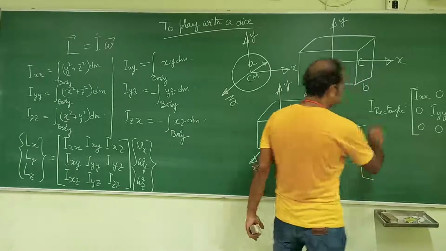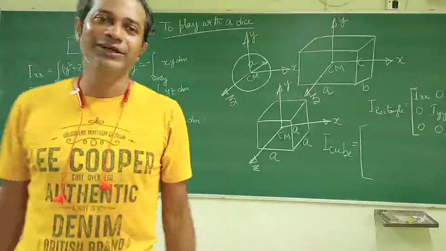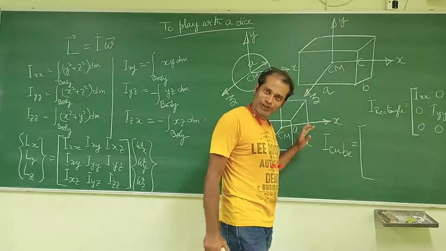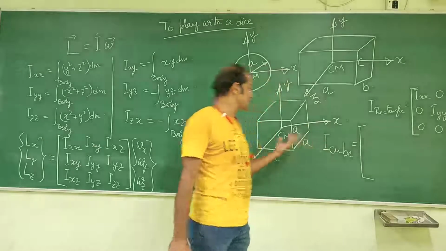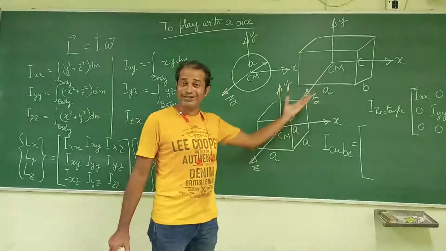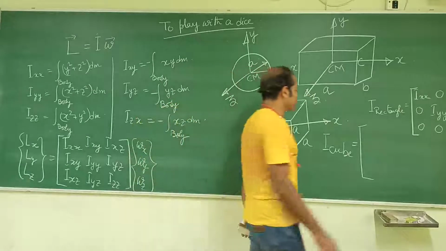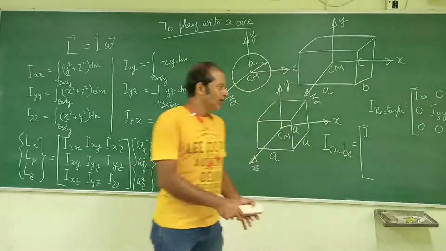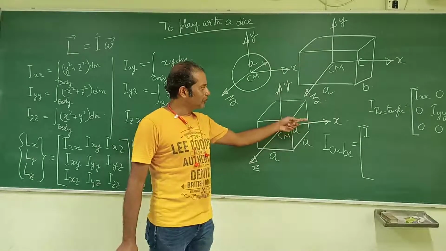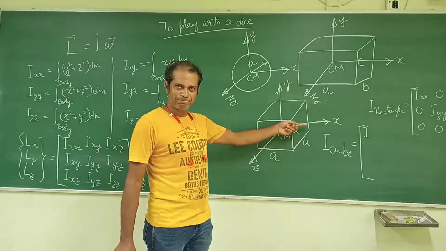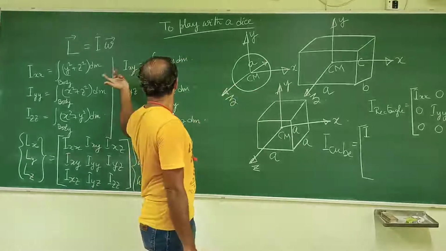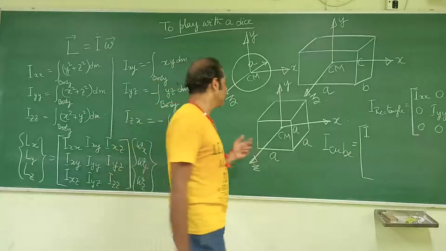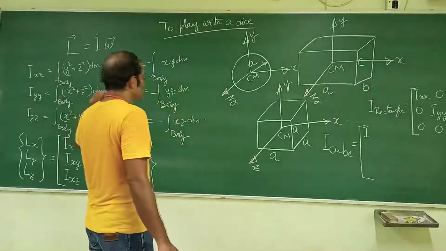Now we are coming to I for the cube. So for the cube, tell me what is going to happen? All the products of inertia are going to be 0, because it is holding the same symmetry as that of the rectangle. Now you tell me, for the rotation about the x axis, that means this formula y square plus z square, is it going to be different for any element for this Iyy?